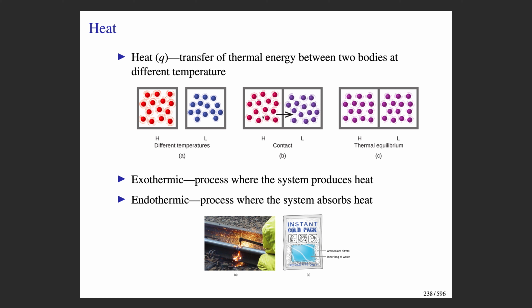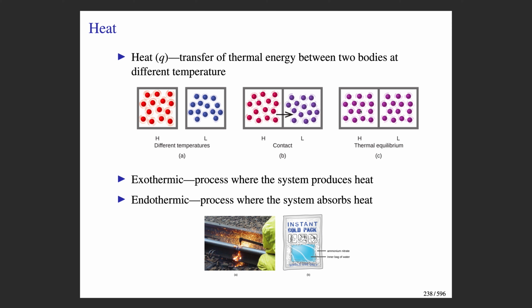So the molecules of the hot object will slow down and the molecules of the cold object will speed up until they all have roughly the same kinetic energies on average, and then the same thermal energy basically throughout the system. Okay, so that's what heat is. It's a transfer of thermal energy between two objects at different temperatures.